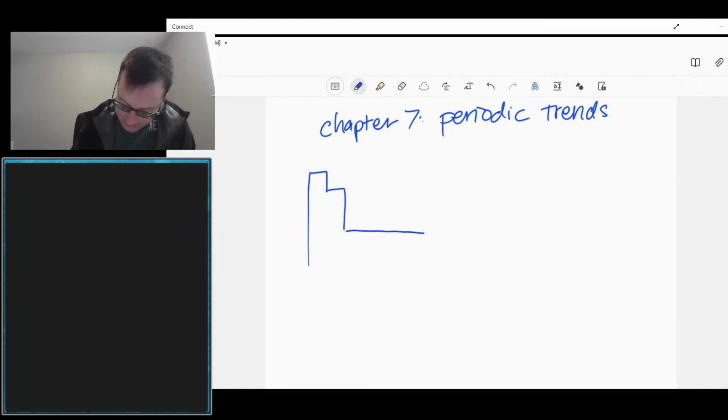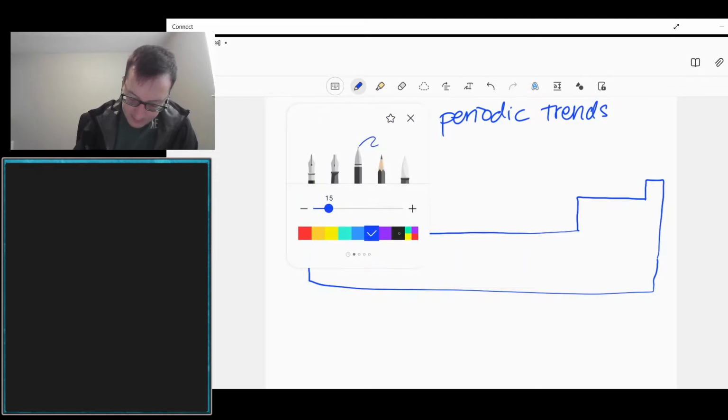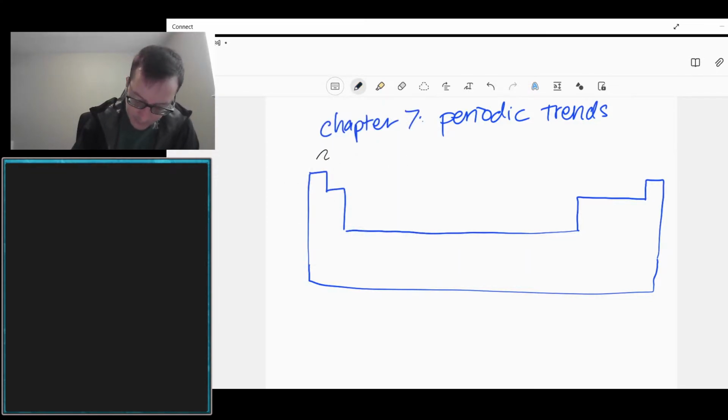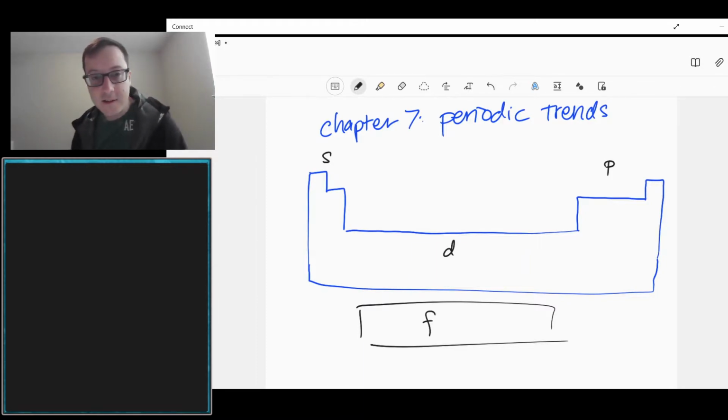What do you know? This stylus is a little better for drawing the periodic table. We've already seen some characteristics, right? We saw that we had different blocks, including the hidden F block there, of the periodic table that housed different types of electrons.